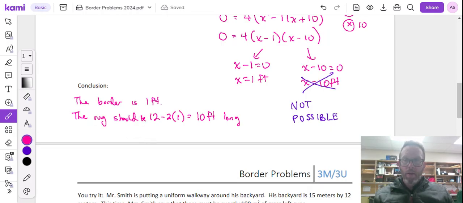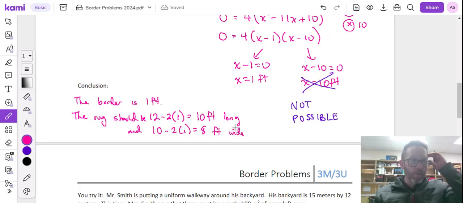And on the other side, 10 minus 2 times 1, 8 feet wide. 10 minus 2, 8 feet wide. And we found the ideal rug for Mrs. Smith. It has the right area to look nice, but it makes that uniform border around the room.